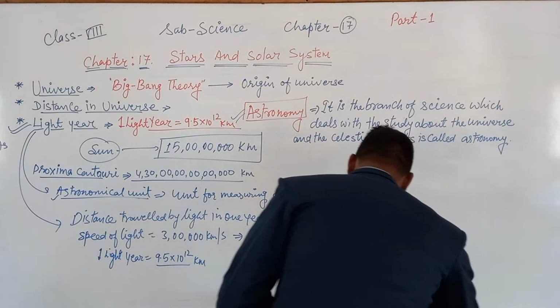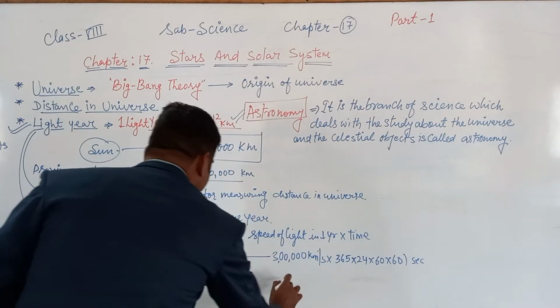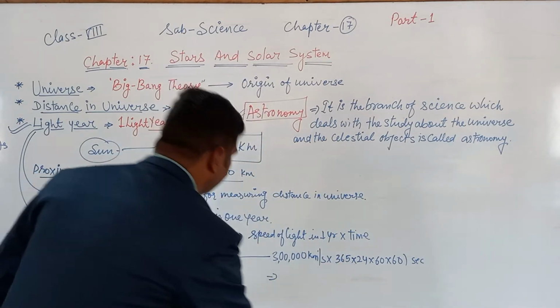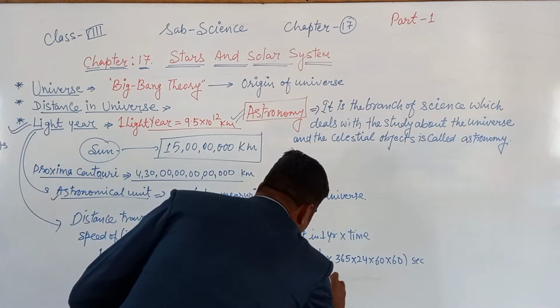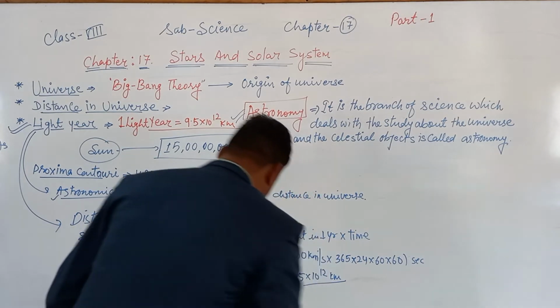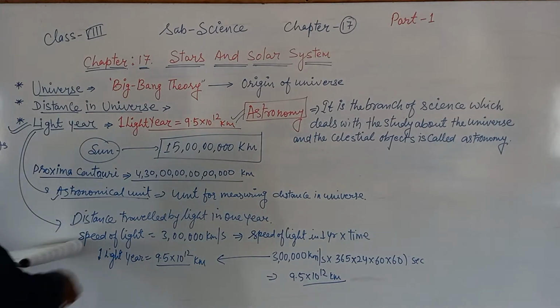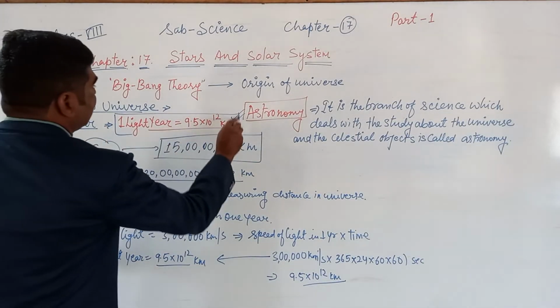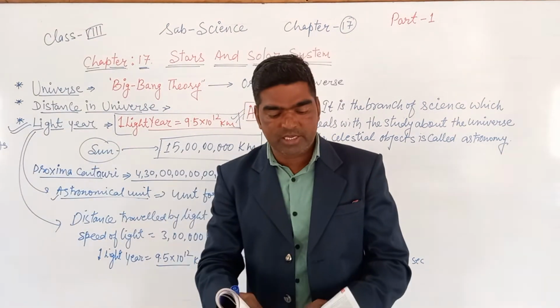These are the seconds. So finally we have calculated this distance. If you multiply this, you can get 9.5 into 10 raised to power 12 kilometer. Finally, we can say that 1 light year is equal to 9.5 into 10 raised to power 12 kilometer.